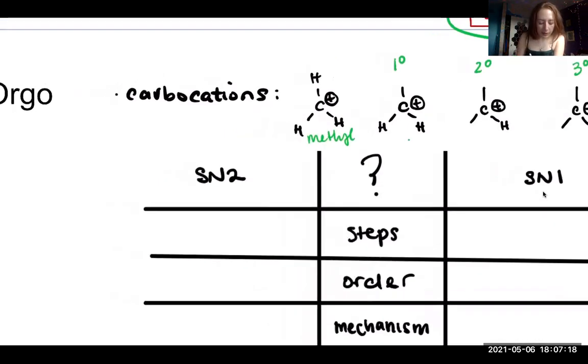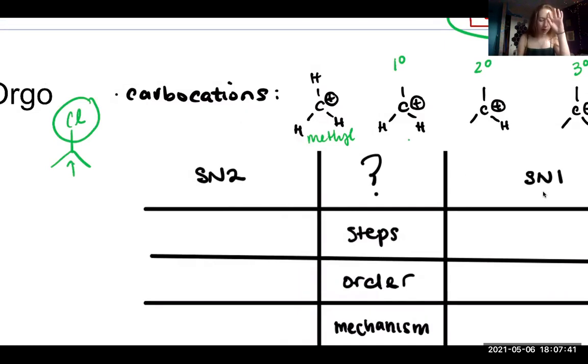Just to clarify, if you see something that looks like this, what kind of carbon is that? Is it tertiary? Secondary, okay? So we do not consider the Cl or the bromine because they're going to be the leaving group, okay? We care about what this looks like after the leaving group has left.